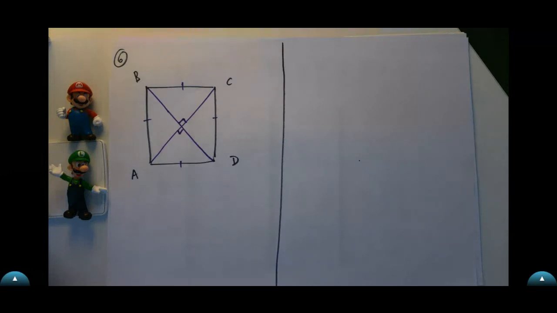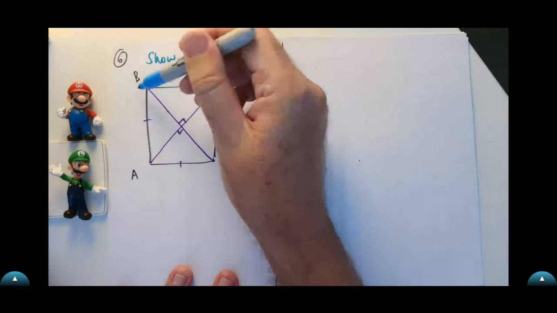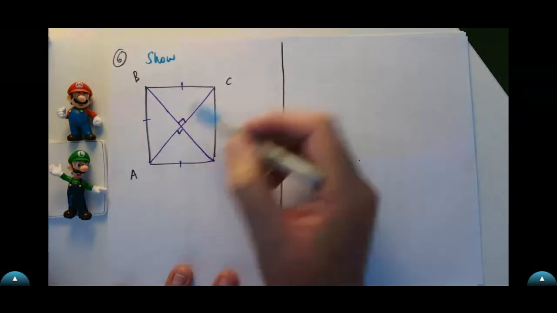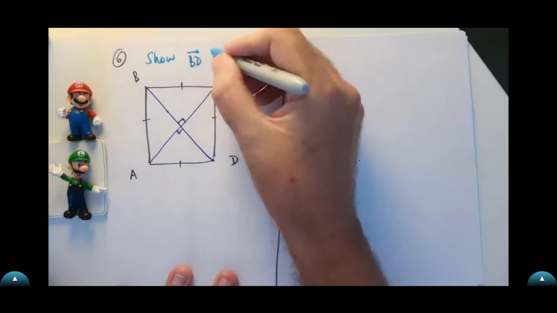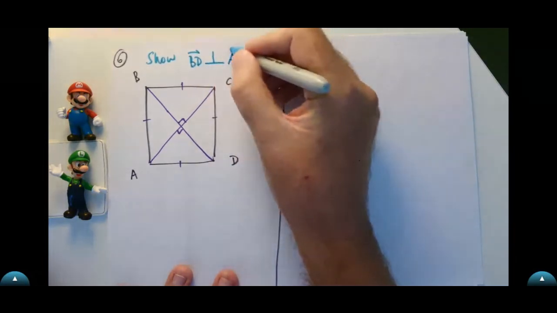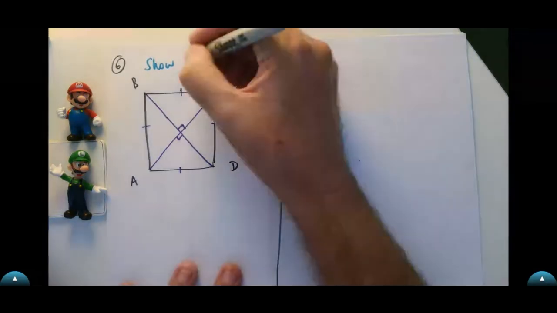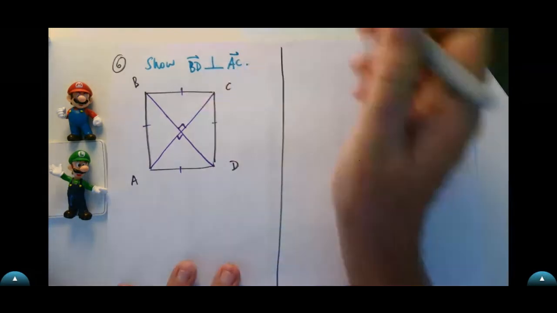Okay, so what we would like to do here, at least the way I'm going to do it, is to show that the vector BD is perpendicular to, say, the vector AC. So by that I mean they're perpendicular, right? The angle is like 90 degrees.